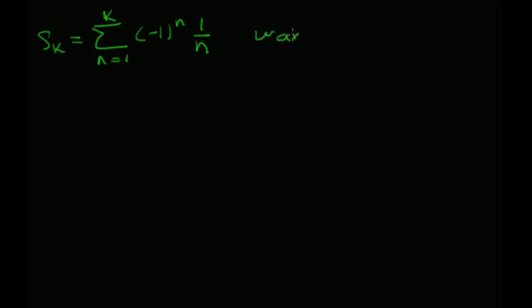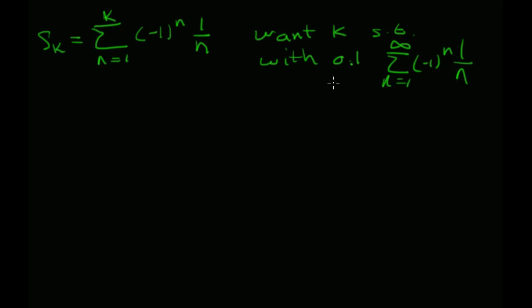And we want the k so that we are within 0.1 of the actual series, the sum from n equals 1 to infinity of negative 1 to the n times 1 over n. So we want to get a correct answer for this within 1/10 of a unit.